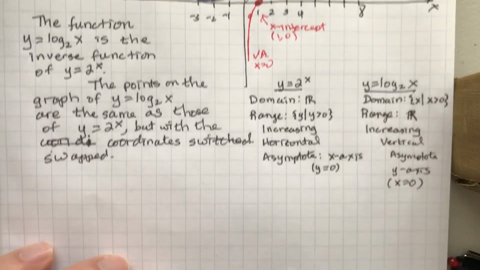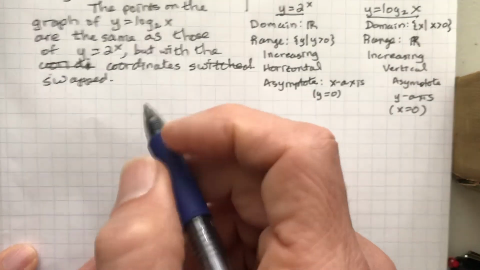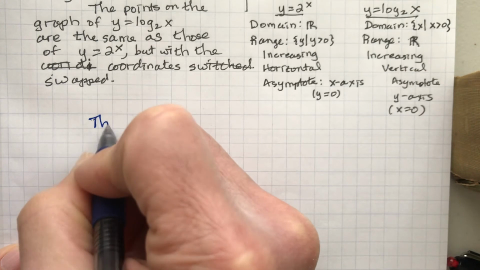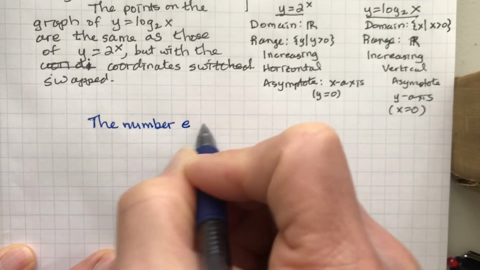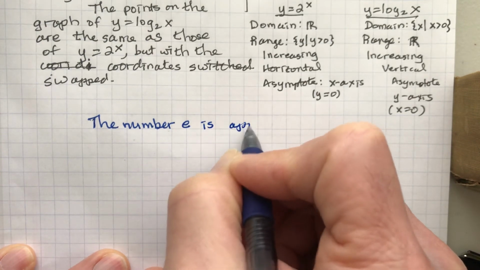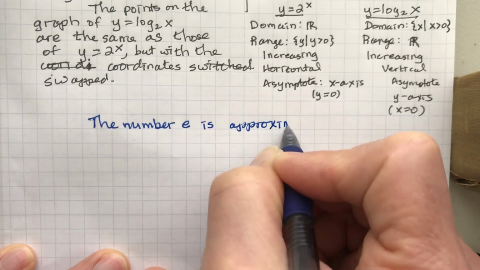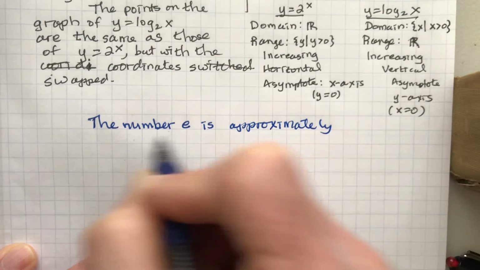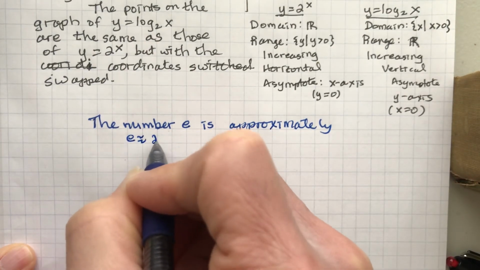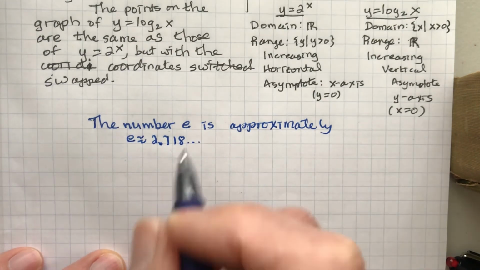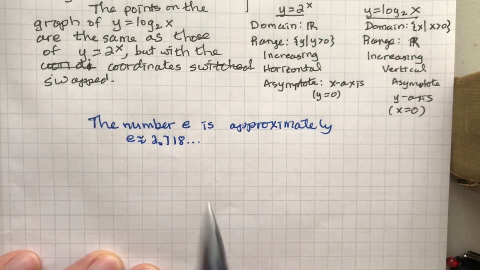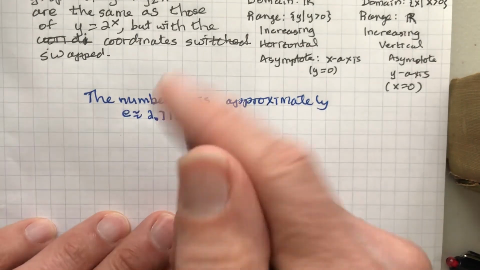So the number e is approximately 2.718. This is Euler's number, and it keeps going on. So when I put the dots, maybe I shouldn't put the squiggle, because it means it keeps going on, and that maybe is the exact number.